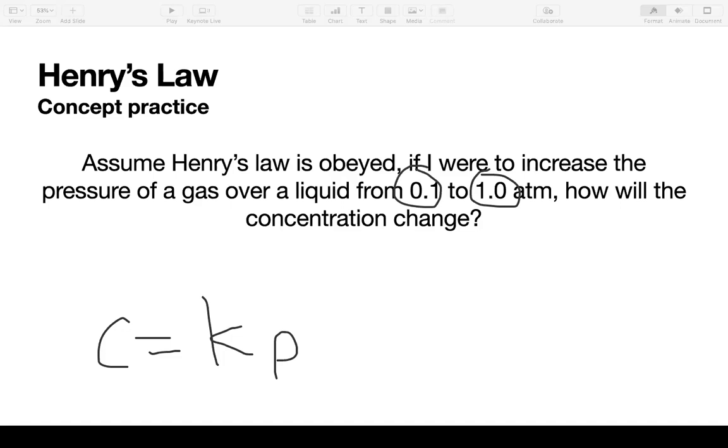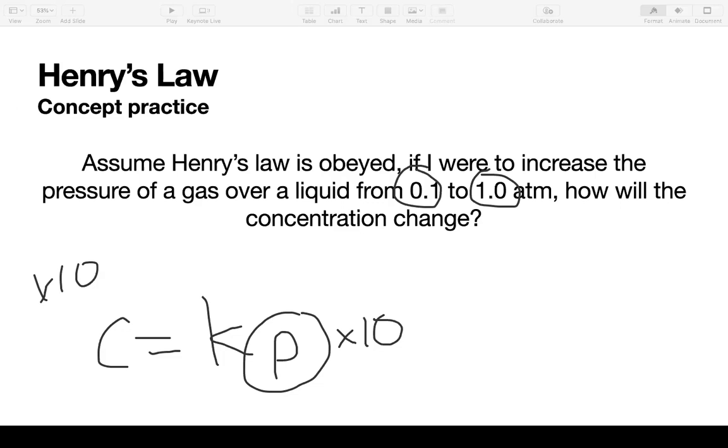So if we have a multiplication by 10 here, what will happen to C? C will also be multiplied by 10. C will also increase by a factor of 10. I think that's a good way to really understand Henry's law and how concentration and pressure are related.